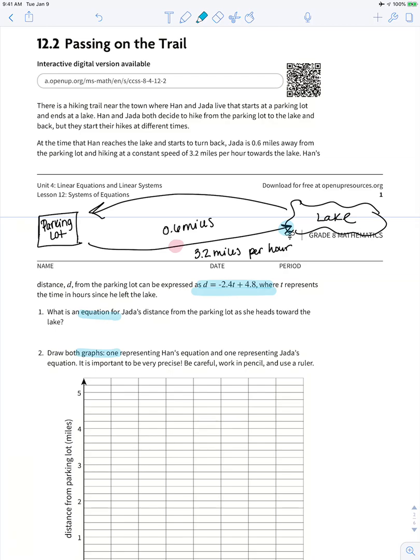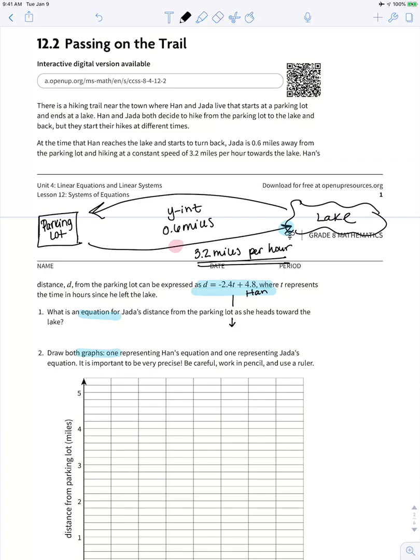Okay, so what I know about Jada is that she's starting at 0.6 miles. That's essentially my y-intercept. And the speed at which she is walking is my slope. So if I'm going to stay consistent with the variables that are used here, so this is Han.